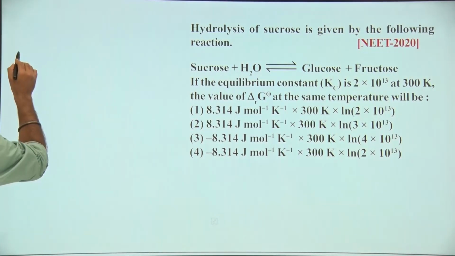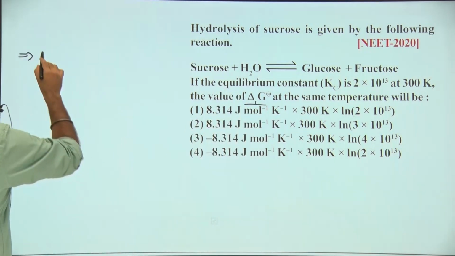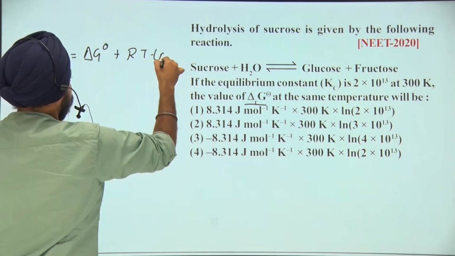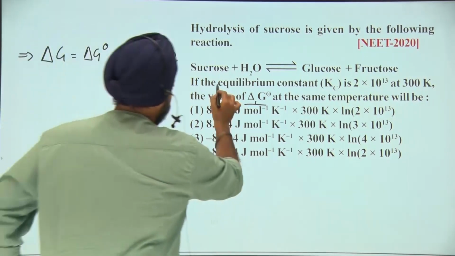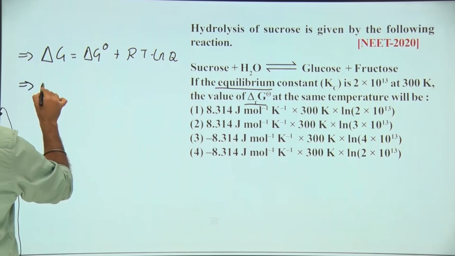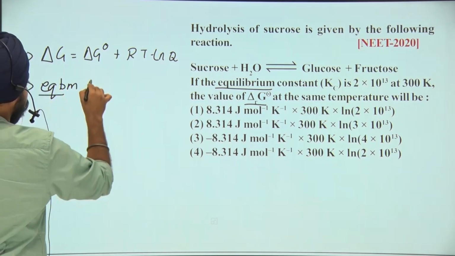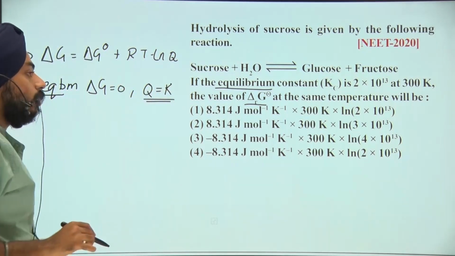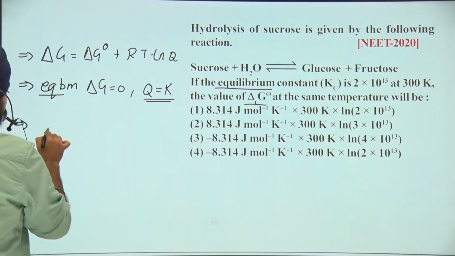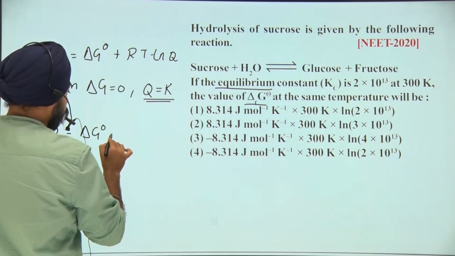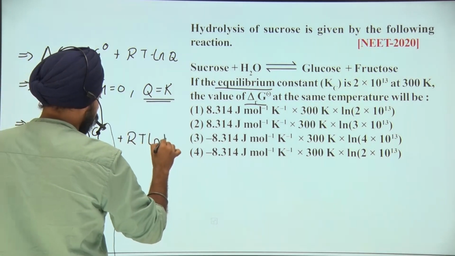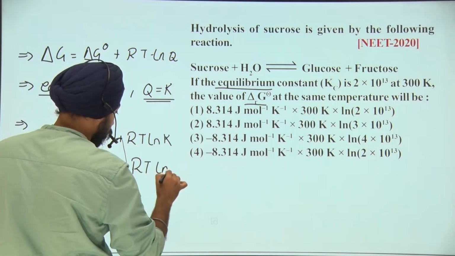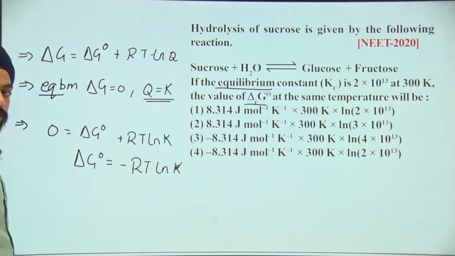Students, we know that this is delta G naught. We know that delta G is equal to delta G naught plus RT ln Q. If we are having the reaction at equilibrium, then at equilibrium delta G will be equal to 0 and Q will be equal to K. At equilibrium we say Q is equal to K. So the equation will be 0 is equal to delta G naught plus RT ln K, or we can write it as delta G naught is equal to minus RT ln K. Clear?